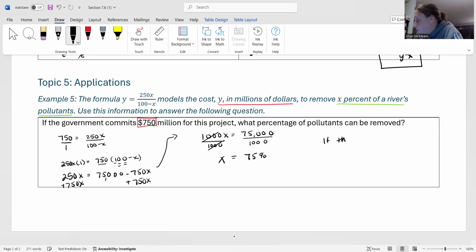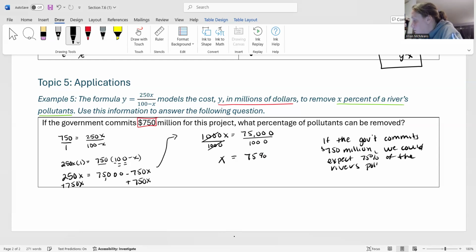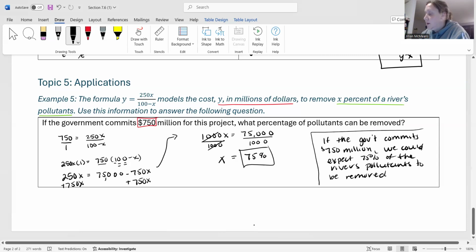If the government commits 750 million, we could expect 75% of the river's pollutants to be removed. So again, at minimum, you need to put some kind of a unit with your answer, but you really do need to describe that. So 75% of river pollutants, or write out a full sentence like such.